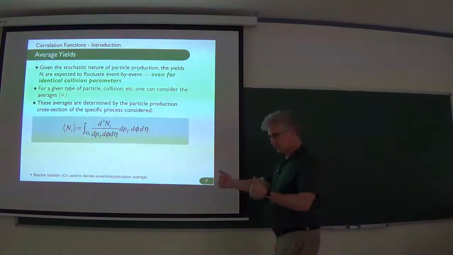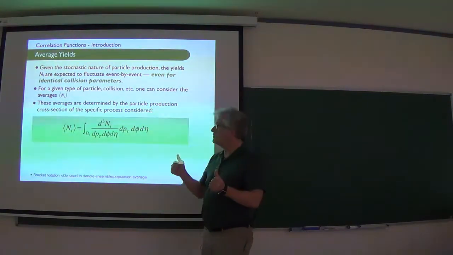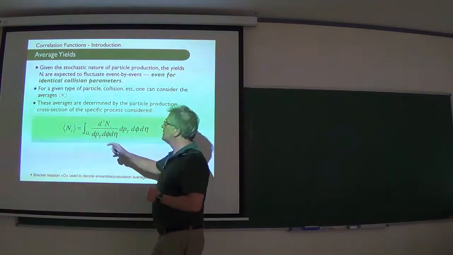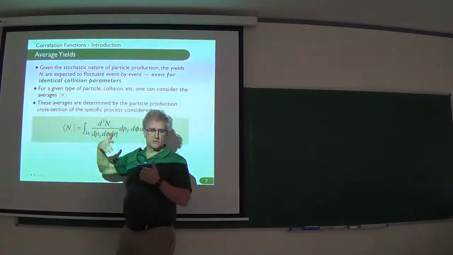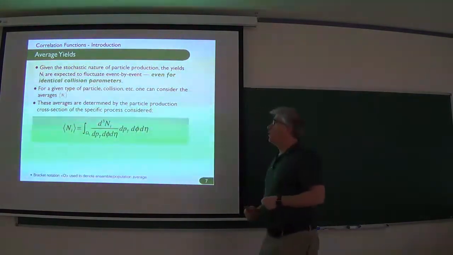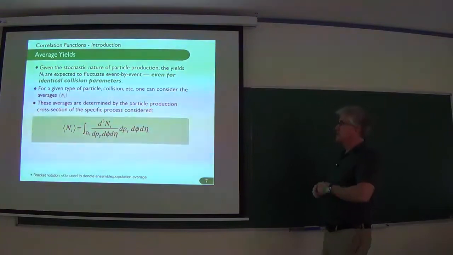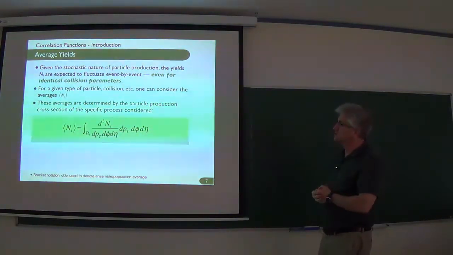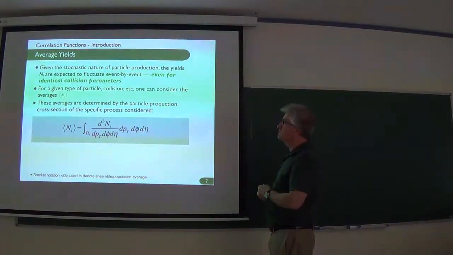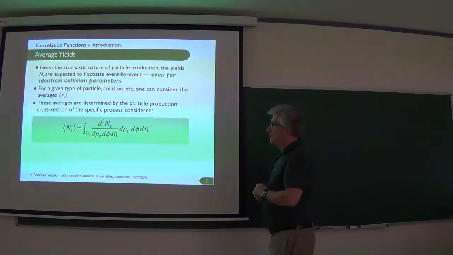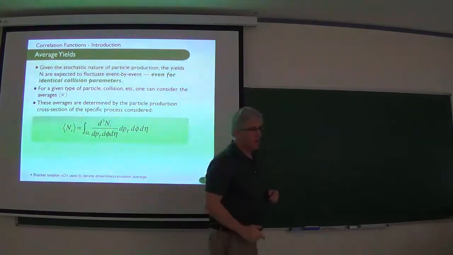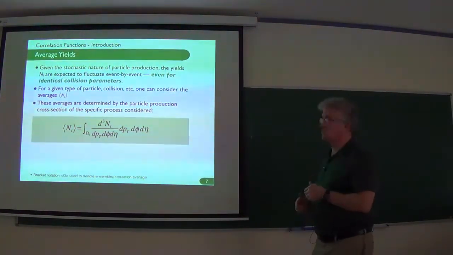And so on the previous slide, I had two solid angles, omega 1 and omega 2. In each of these solid angles, I'm going to consider the average momentum, the average number of particles that are produced over a large data set, a large ensemble of collisions. What is the average multiplicity or number of particles in these two solid angles? And so this average number, it turns out, corresponds to a cross-section.